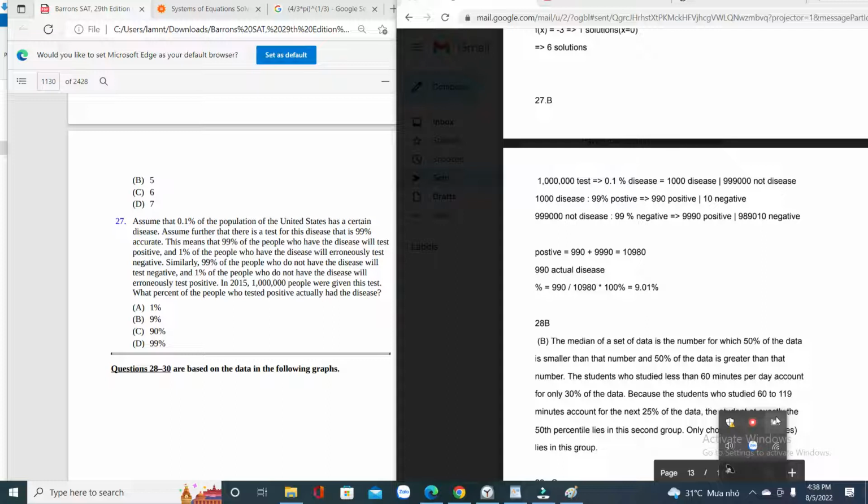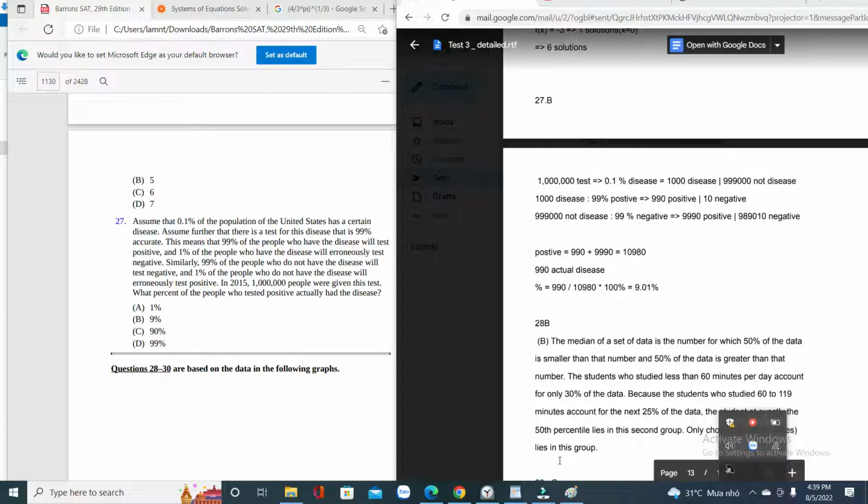Actually have the disease. So our percentage is going to be 990 over 10,980, right? And we convert that to a percentage by multiplying by 100%, which is going to yield 8.01%. So the answer is going to be B. Okay? Yeah. So that's how you do number 27.